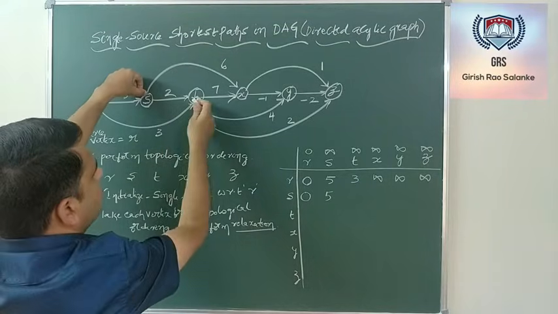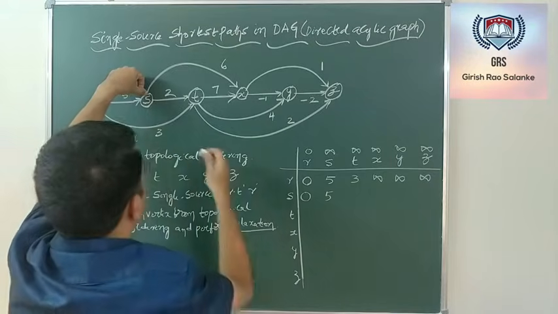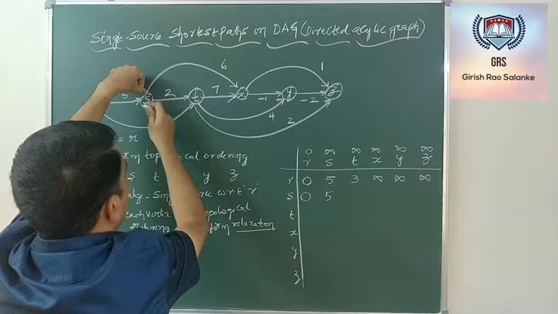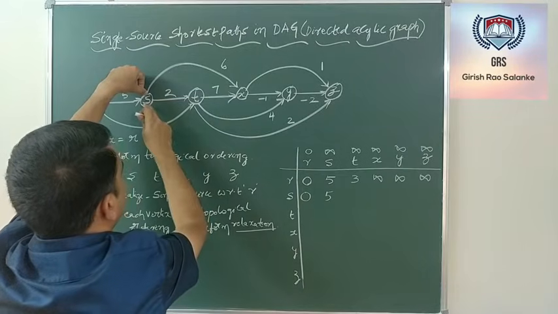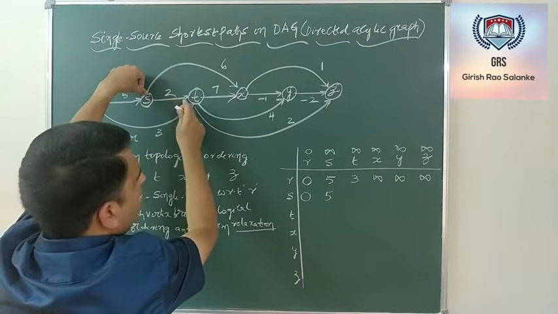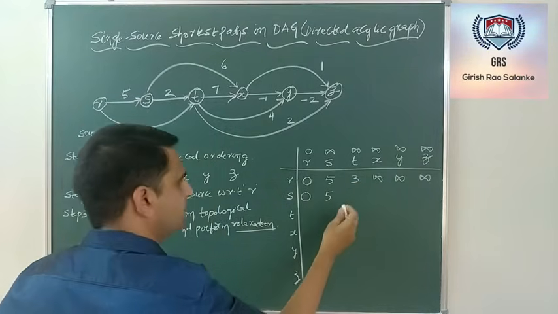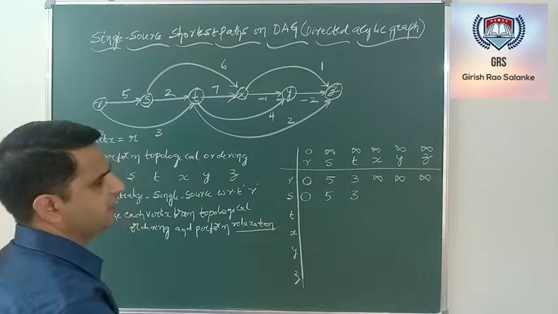Now from S to T. So S is 5, and from 5 to T is 5 plus 2, 7. 7 and 3, which is lesser? 3 is lesser. So retain 3 as it is.